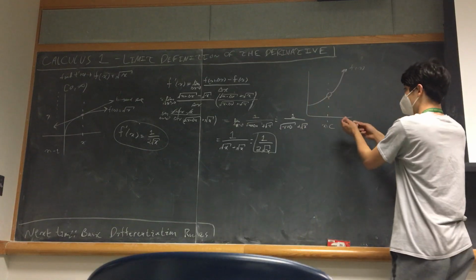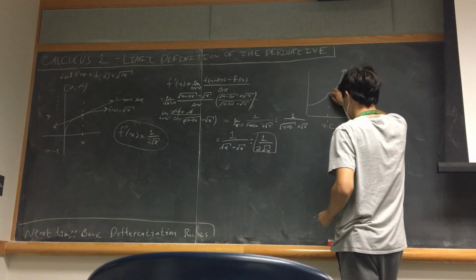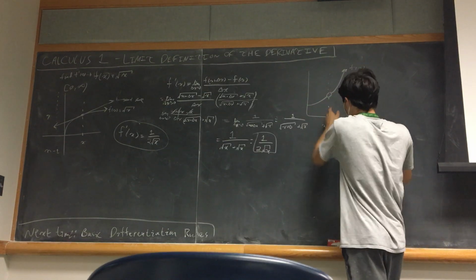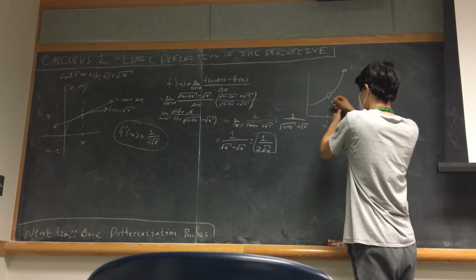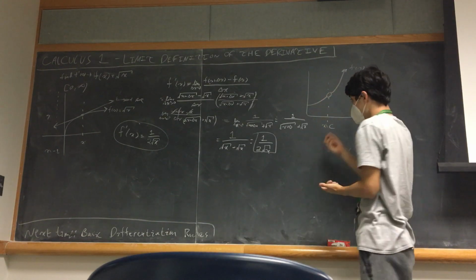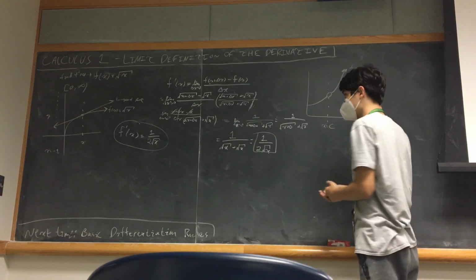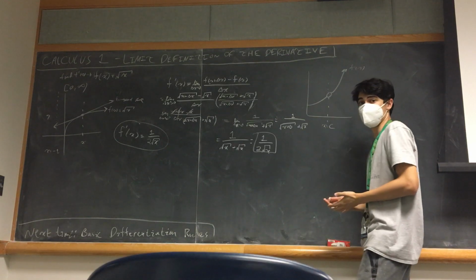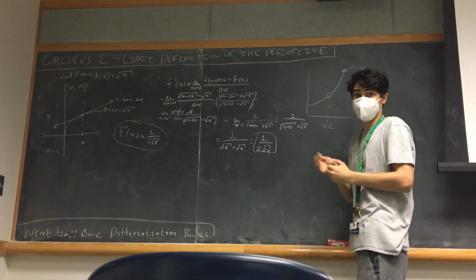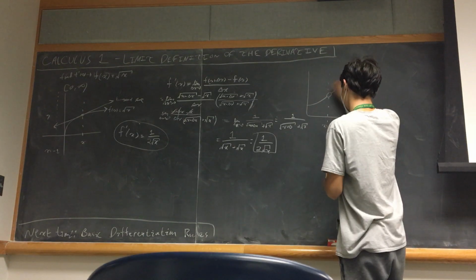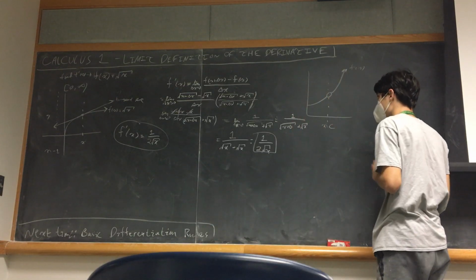We know that the limit as x approaches c of f of x exists. This is the limit. But what's the slope at this point? Well, the function isn't defined here, and it's not continuous there. So it doesn't have a slope there because there's no point there for it. Like if we wanted to test the point x equals c as our base point, the point doesn't exist. So we can't have a tangent line going through that point, meaning it doesn't have a slope at that point.